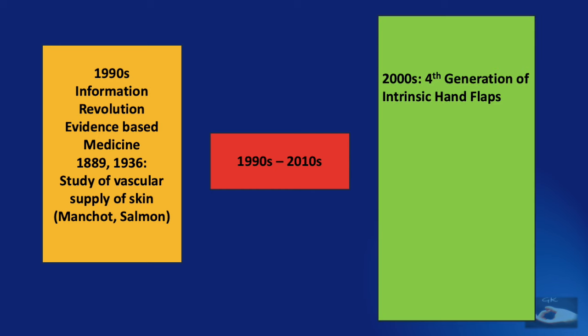By the second millennium, the fourth generation of intrinsic hand flaps developed. Perforator flaps by Koshima were developed in 1989. The innovation of perforator flaps was a culmination of knowledge of anatomy, vascular supply, skill sets, and technical advancements.